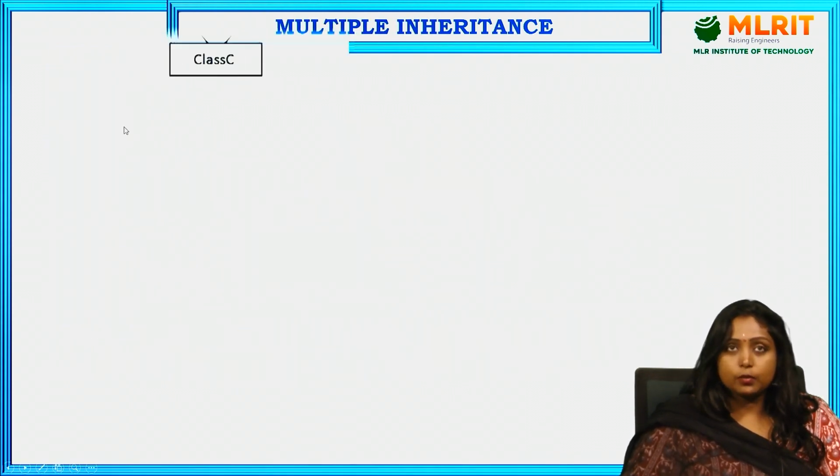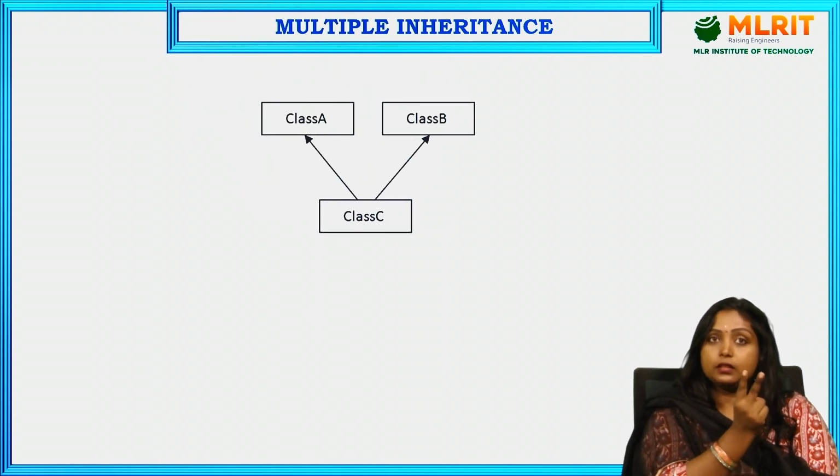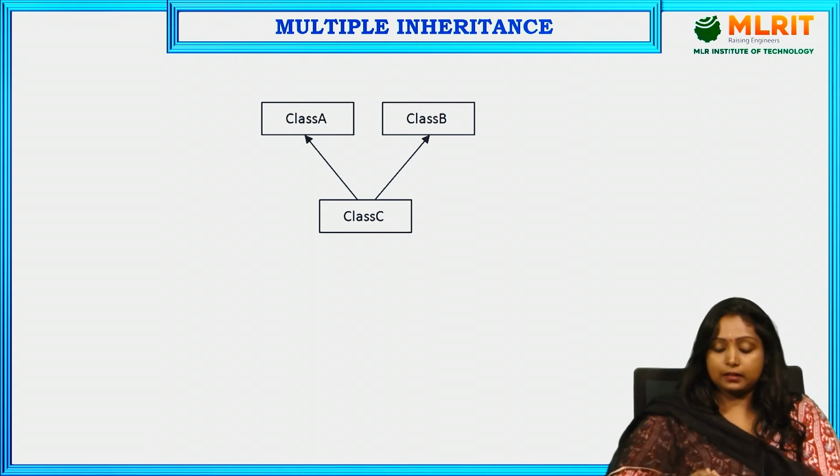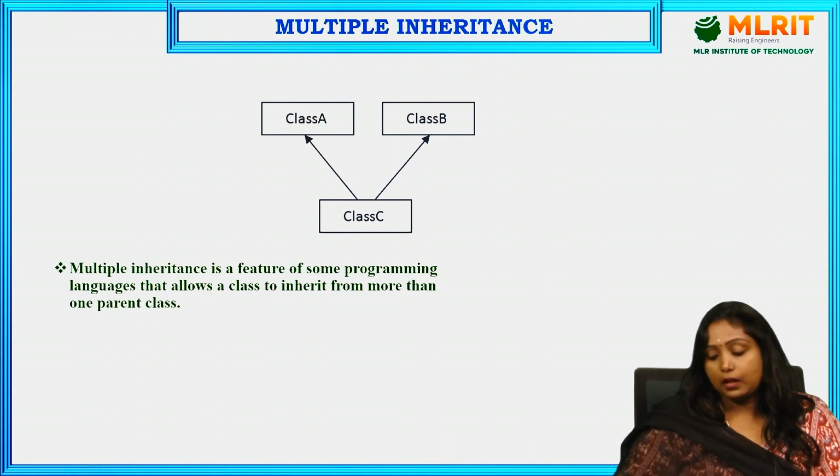So next, coming to multiple inheritance. When one class is inheriting the properties from two parent classes, then the inheritance is said to be multiple inheritance. But in Java, multiple inheritance is not possible directly.